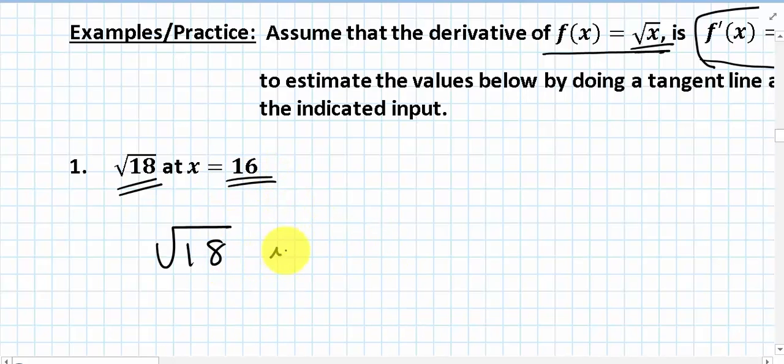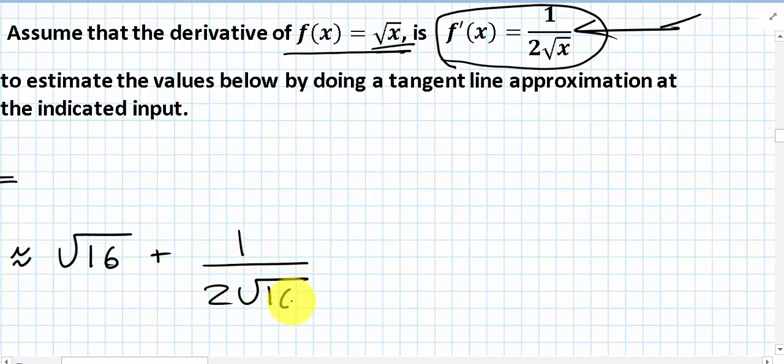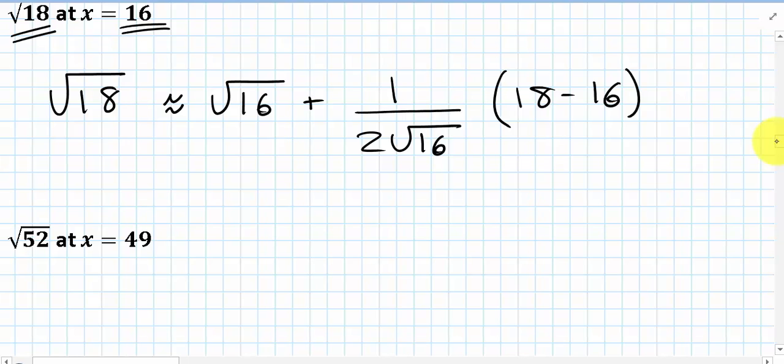So the square root of 18 is the output of the function at 16 plus the output of the derivative at 16 times the run between 18 and 16. So here we go. This is the derivative right here: 1 over 2 square root of 16, times 18 minus 16. And you see for this, I don't even need a calculator.